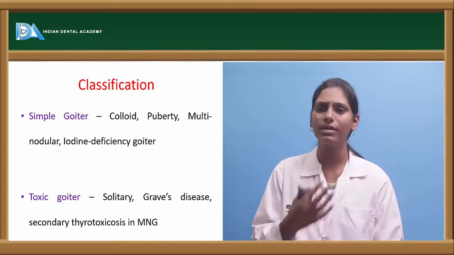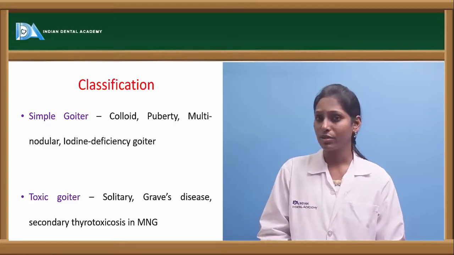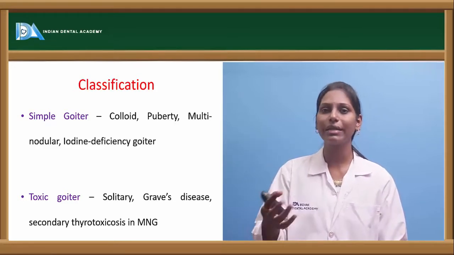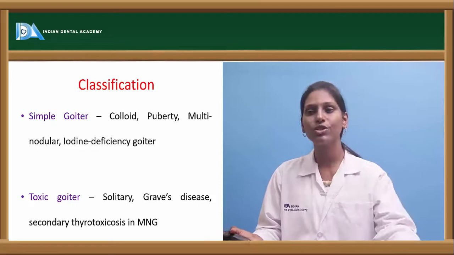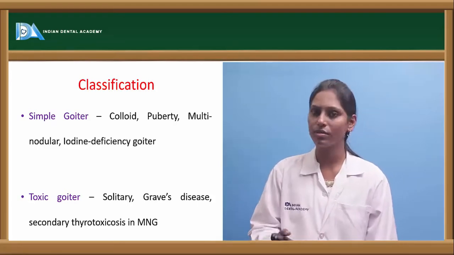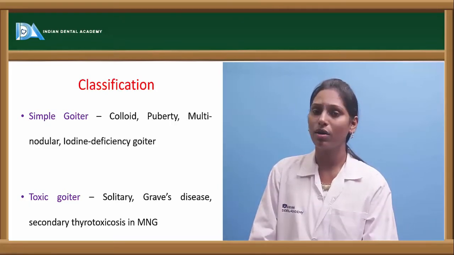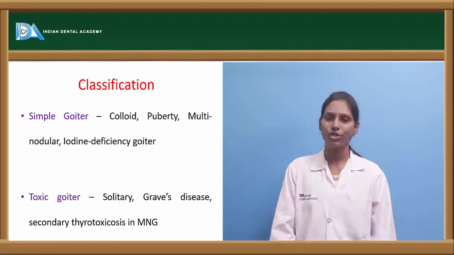Next, we have something called toxic goiter. In this toxic goiter, also called thyrotoxicosis, there is excessive release of thyroid hormones, usually seen in case of solitary toxic goiter. We have Graves' disease, also one form of thyrotoxicosis. We have secondary thyrotoxicosis also, especially in case of multinodular goiters.